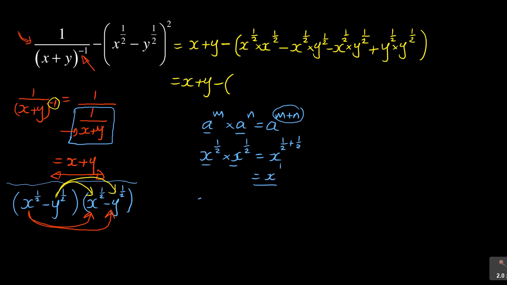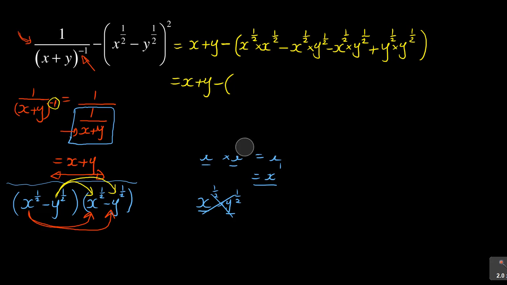But if you are given x to the power half times y to the power half, you see the bases are different. This, you leave it like that. So basically, this is what you are supposed to be doing. If I can now use that concept, x to the power half times x to the power half is x to the power 1.